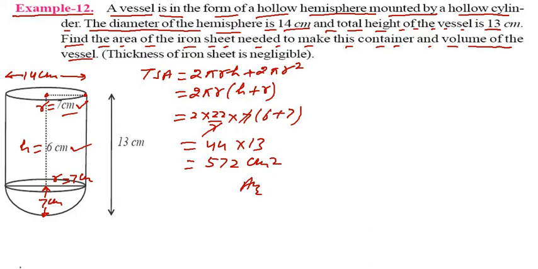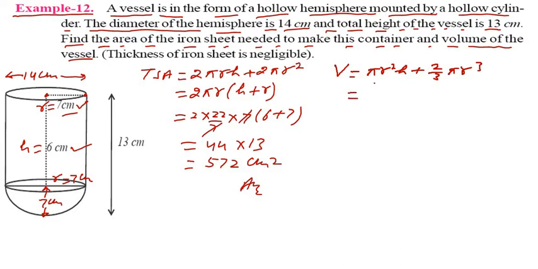Now come to the second. Now find the volume. Volume is equal to the volume of the cylinder, that is pi R square H, plus the volume of the hemisphere, that is 2 by 3 pi R cube.